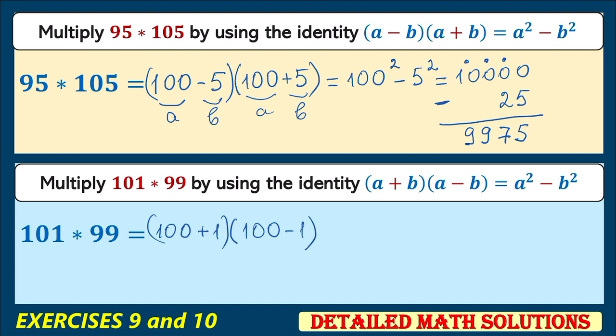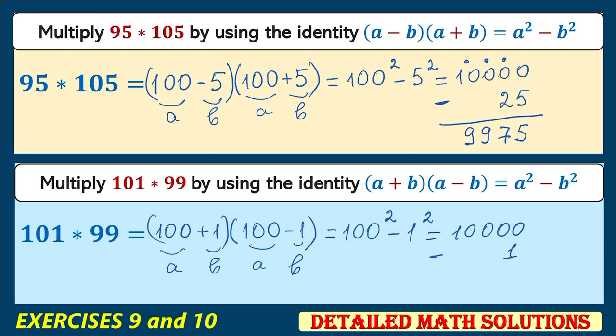Again, 100 corresponds to the a and 1 corresponds to the b in the formula. When I use the identity, I get 100 squared minus 1 squared, which equals 10,000 minus 1. Then I get 9,999.